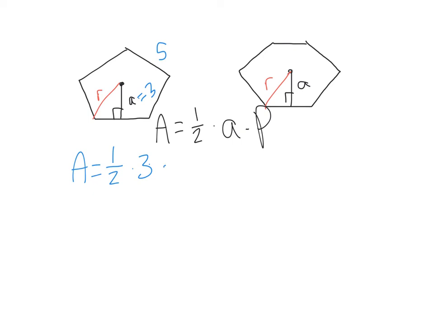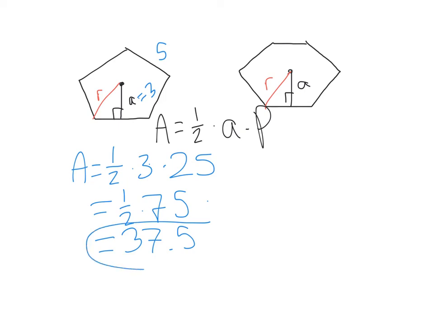Well, if I've got 5 sides at 5 apiece, that's 25. Alright, so let's see here. We've got 1/2 times 75. So let's see here. Half of 70 is 35 plus 2.5, so 37.5 would be my area. Units squared, since we're talking about area.